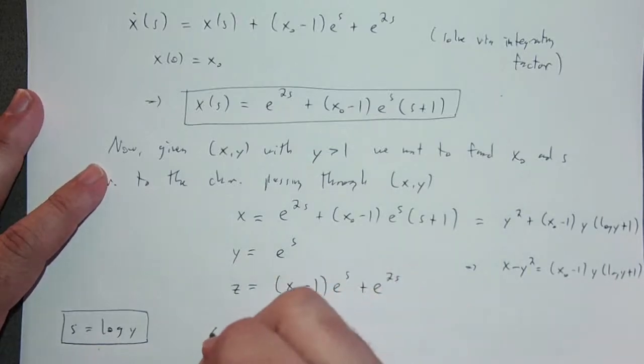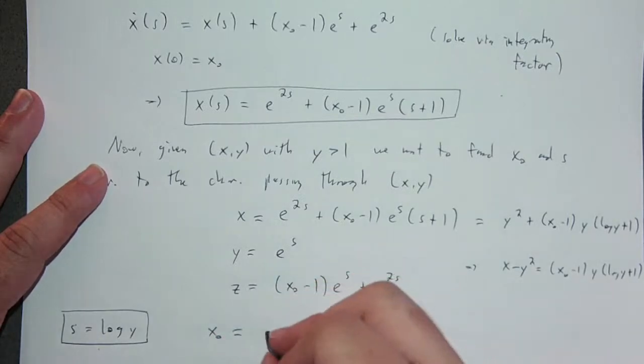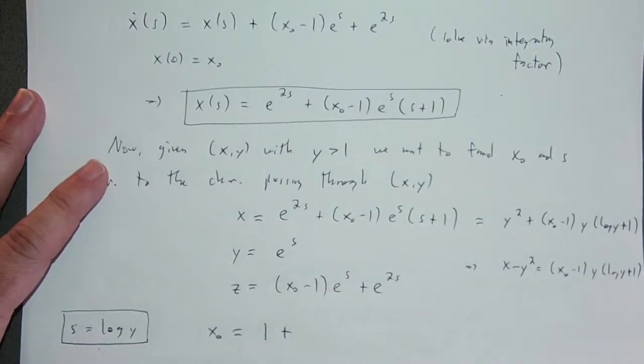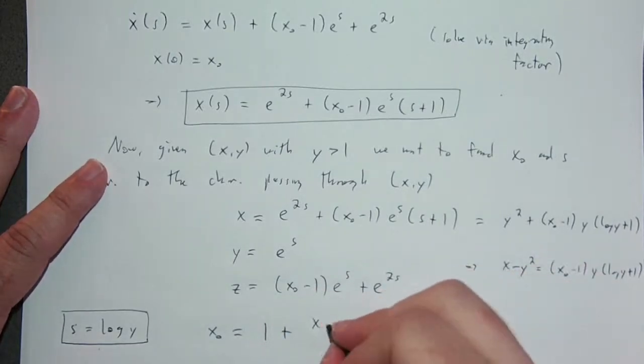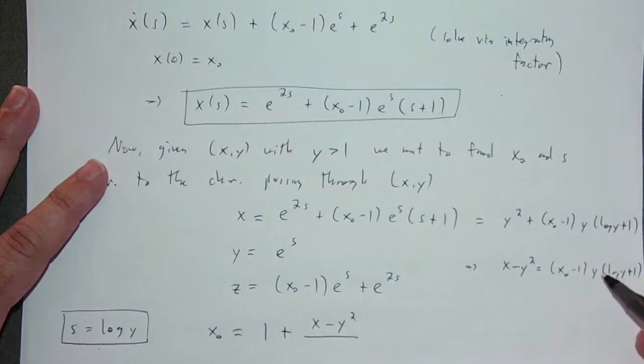So x naught is, I'm adding 1, right? So it's 1 plus x minus y squared over y log y plus 1. Did I divide by that here? Let's see.